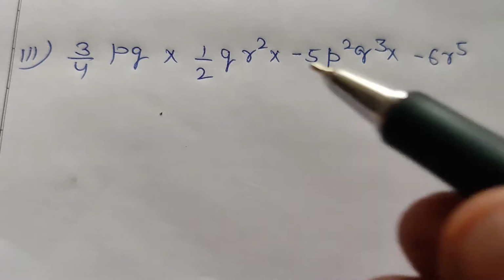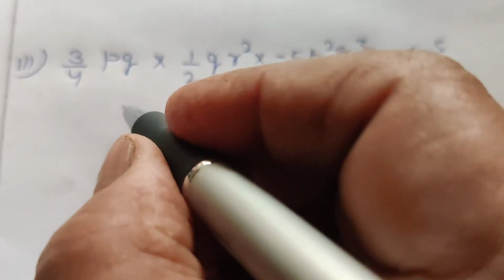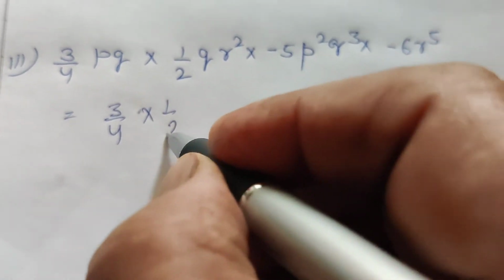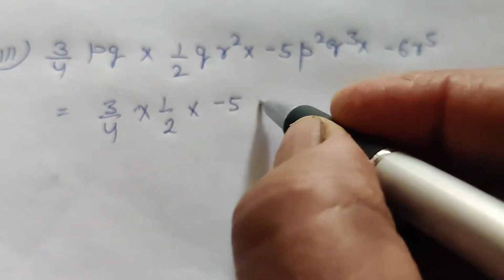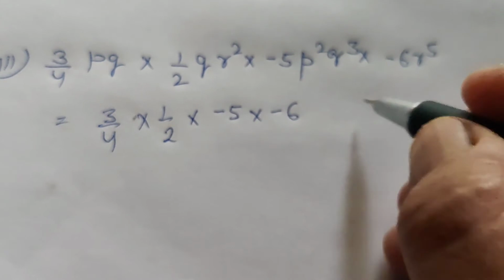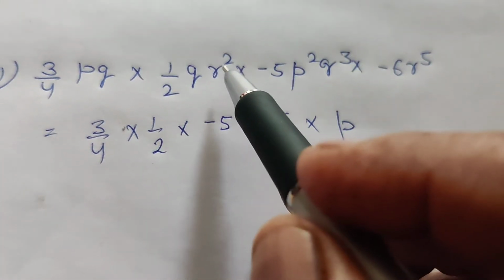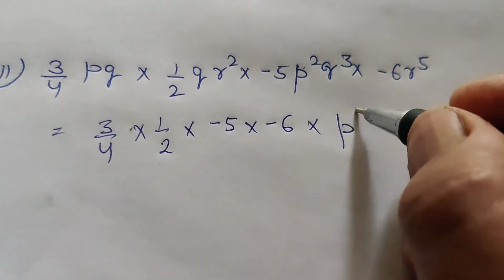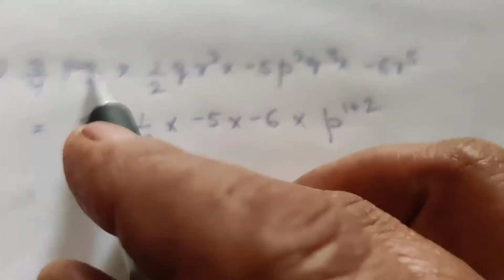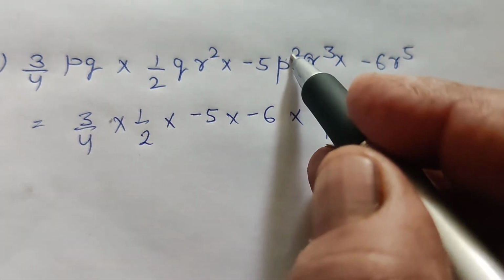Now the third, 3 by 4 p cube: multiply 3 by 4 into 1 by 2 into minus 5 into minus 6, and variable p, power 1 plus 2. Add the powers: here p is 1 and 2, 3.